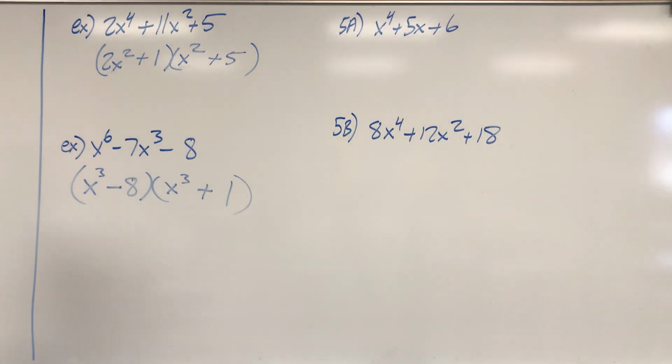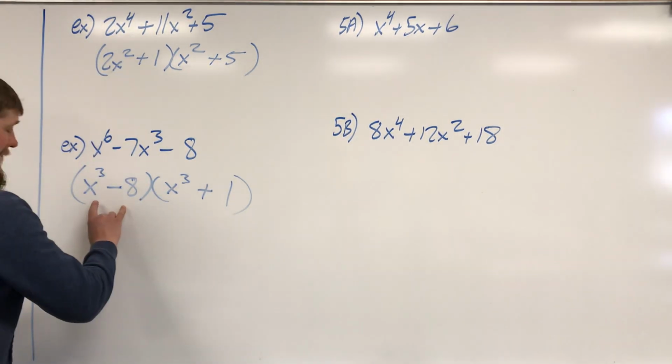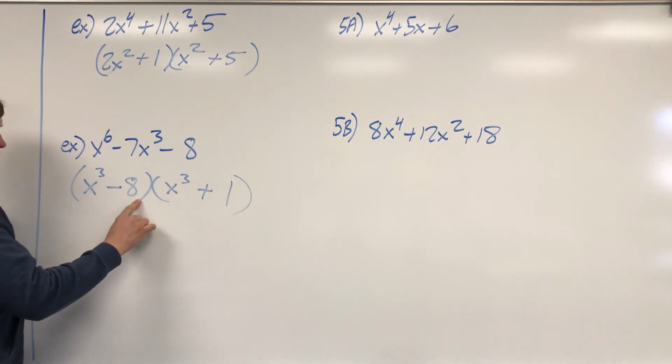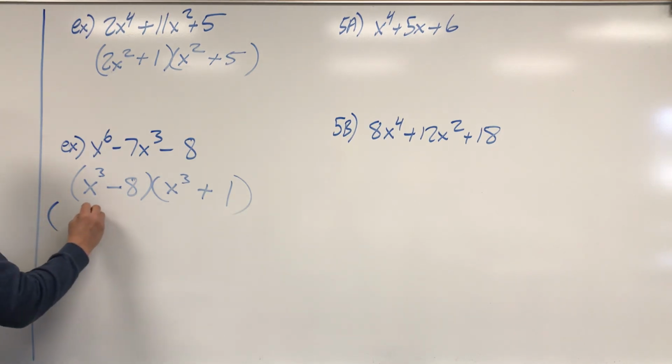So this is factored form so far, but if you can factor it further, you should. If you notice, this is a difference of two cubes. So I should factor this further.